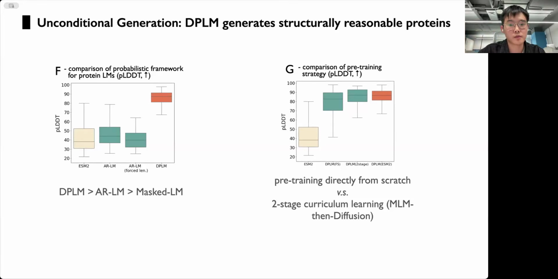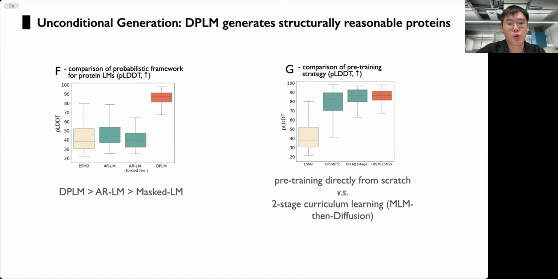And we want to highlight that inference speed is not the main focus of our work. The main focus of our work is to find a more suitable way to model protein sequence data. Did you test DPLM on some other mutational effects benchmark?